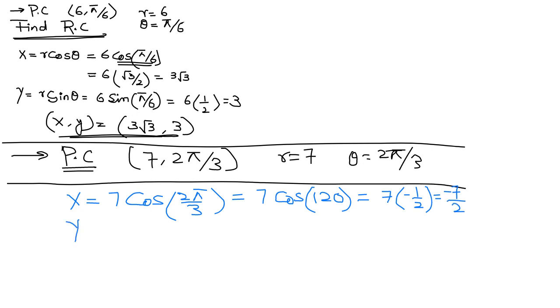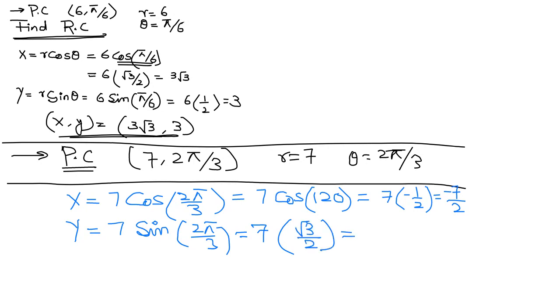Now similarly you can find y, which is 7 sine of 2 pi by 3, which is equal to 7, and sine of 2 pi by 3 is square root of 3 divided by 2, which is equal to 7 root 3 over 2. Okay, so this is how you can calculate the x and y.